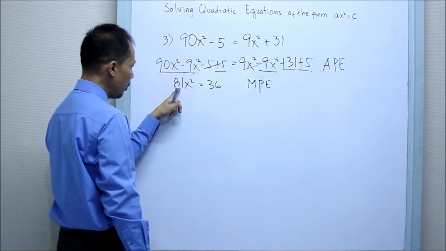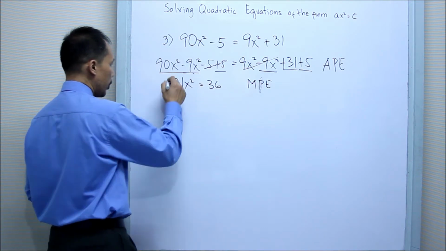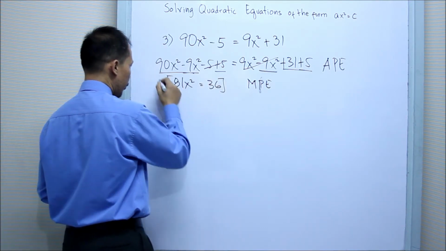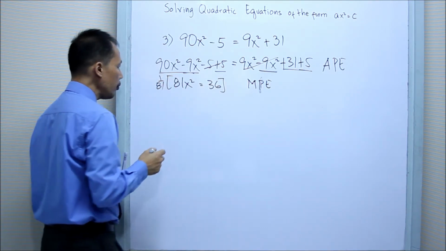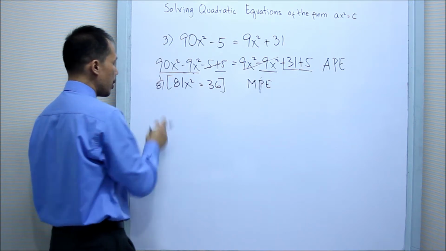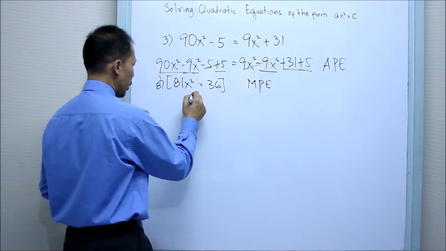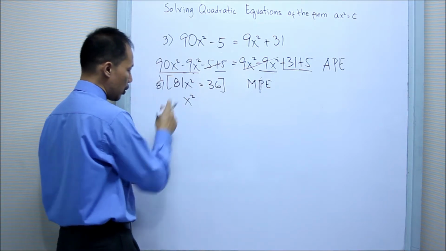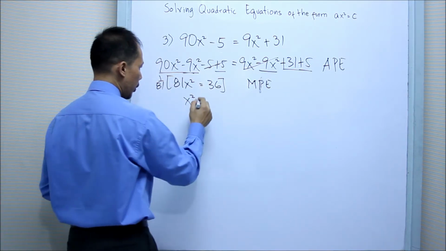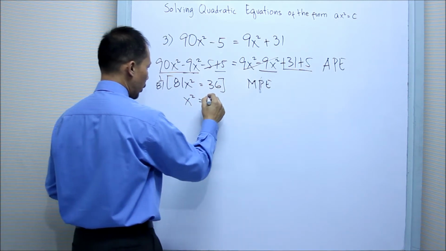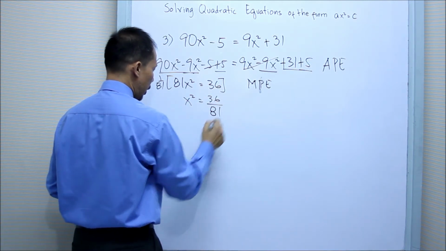The multiplicative inverse is 1 over 81. By distributive property, 1 over 81 times 81 is only x squared, because 81 over 81 is 1. On the right side, it will be 36 over 81.